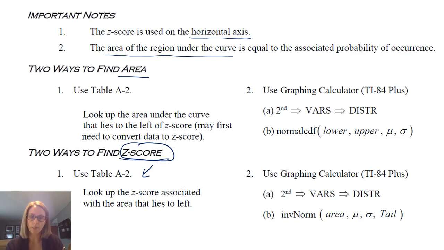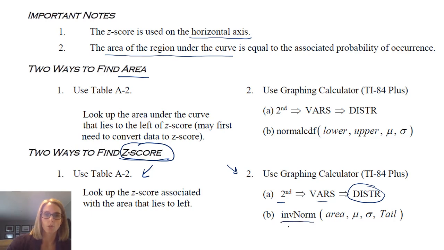That was negative 1.04, with an area of 0.15, the value we found closest to possible. Now there's another way to do it, using the graphing calculator. You're going to go to the same place where we saw binom PDF and binom CDF. We're now getting into this idea of distributions. So you go second VARS, which takes you to the distributions, and you're going to use a function called inverse norm.